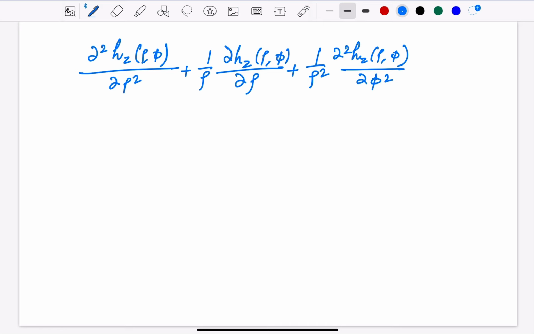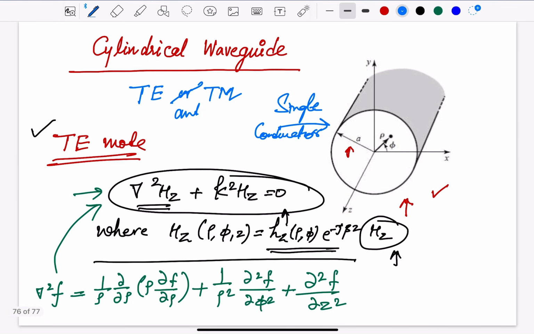Fine. We recall these things here, and the first term is 1 upon rho dou over dou rho, so you're supposed to expand this.